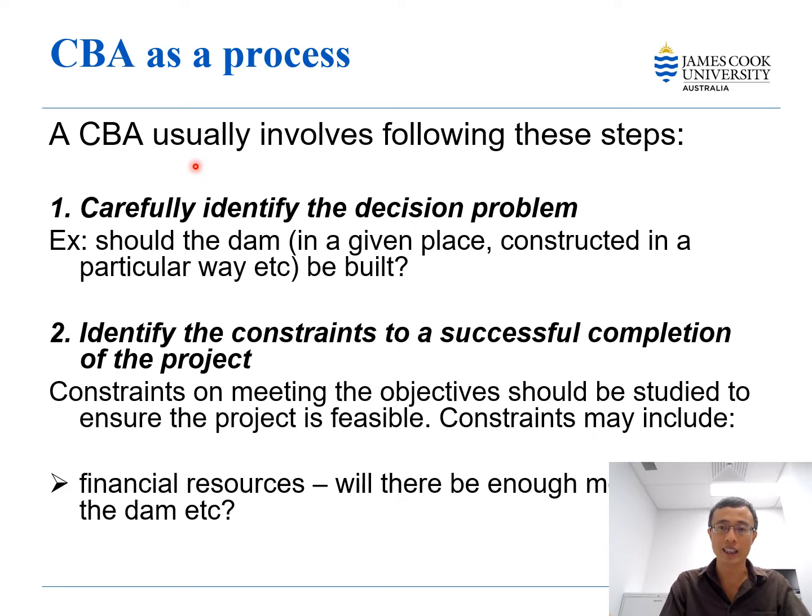We don't care about where it is built. The second one would be, should a dam be built on the upstreams of the Ross River? That's a different problem, okay? So carefully identify what exactly you are evaluating. That's step one.